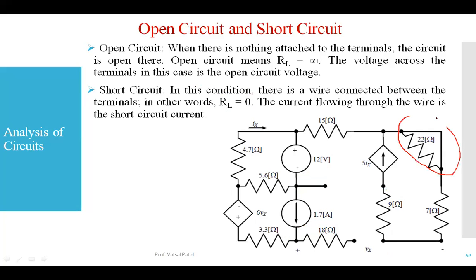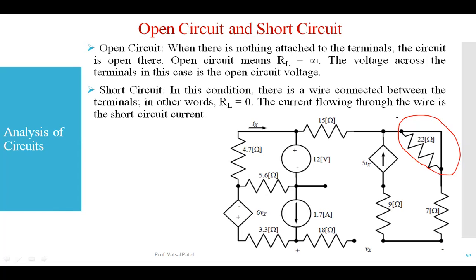Across the 22 ohm resistance, there is a wire connected, right? So can we say that it is a short circuit case? Yes or no? So this is what we call the short circuit condition.